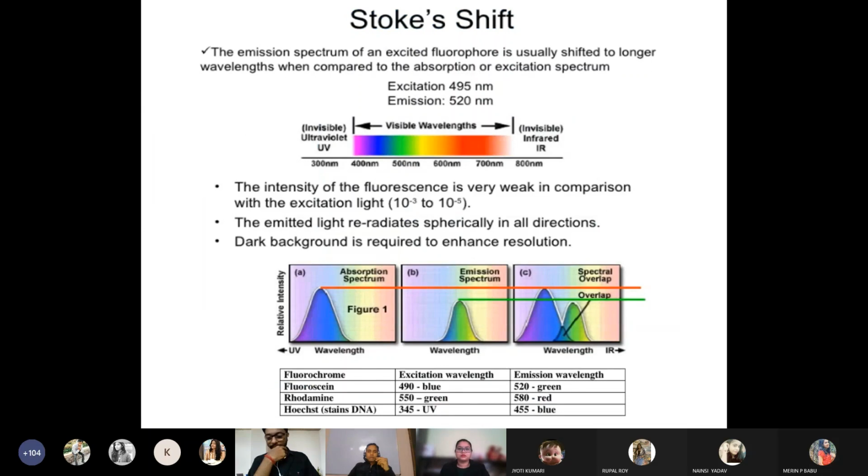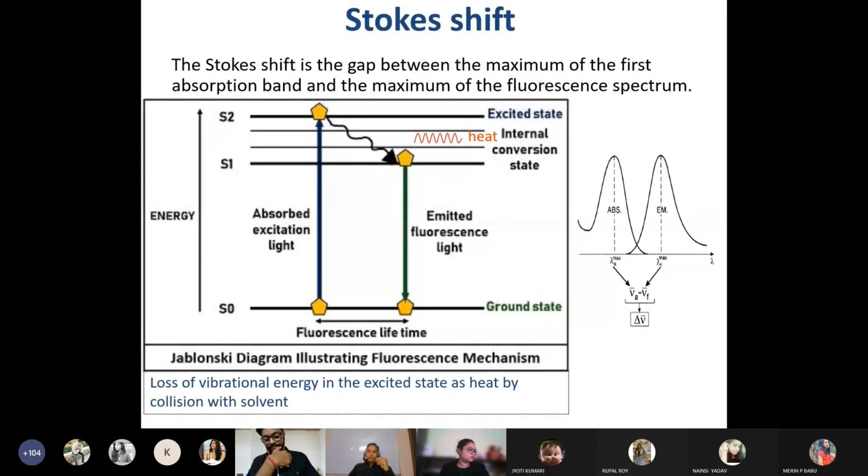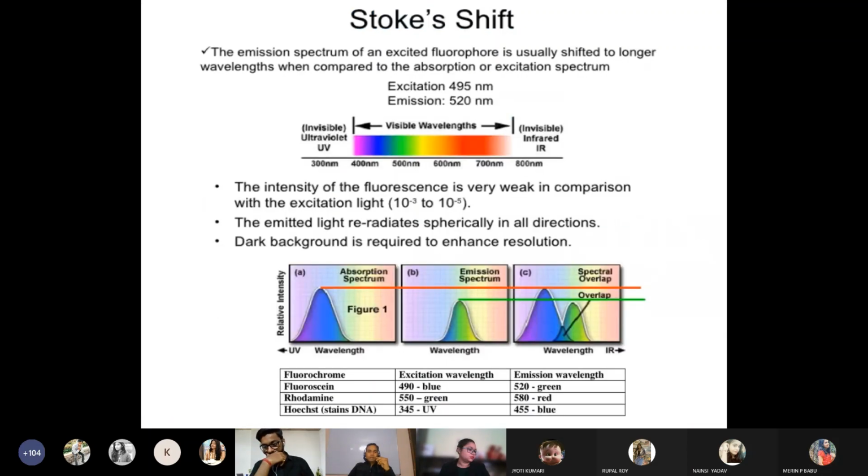Okay, so there is obviously an overlap between these two peaks. We can discuss the significance of the overlap of these peaks and its significance in the resolution. This is nothing but the extension of Stokes shift.